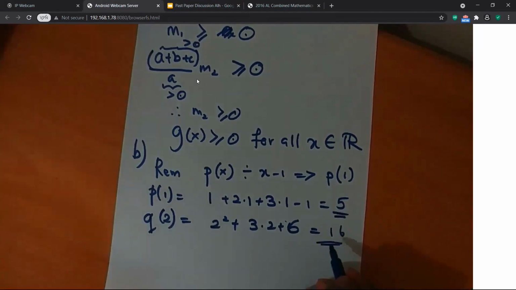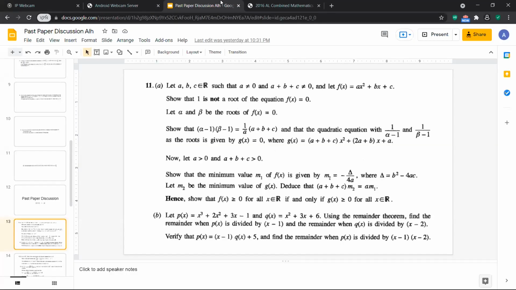What do you need to do next? So we have found the first one. Now verify that p(x) is equal to (x minus 1) times q(x) plus 5. The easiest way is to take the right hand side and simplify. We substitute and see whether we get p(x).